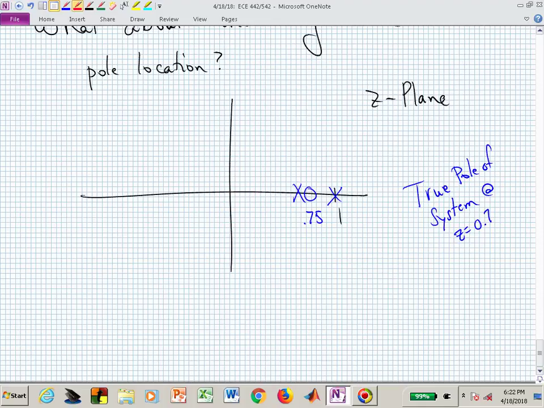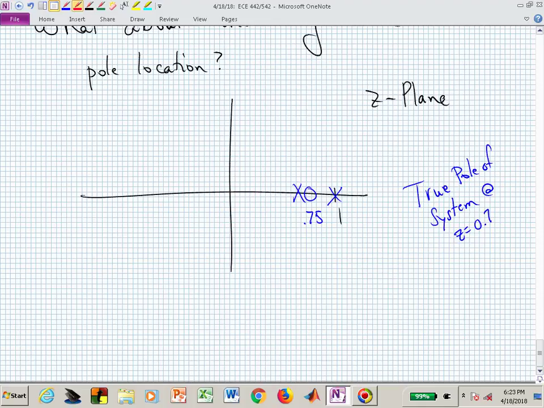So what's the true pole of the system at z equal 0.7? Let's say that you had a circuit. Let's go into the analog case. Let's say that you had a circuit and you were told that the model had this resistor and this capacitor value. And in fact, the capacitor was not what you were told. And so your RC product was not quite what you were told it was going to be.